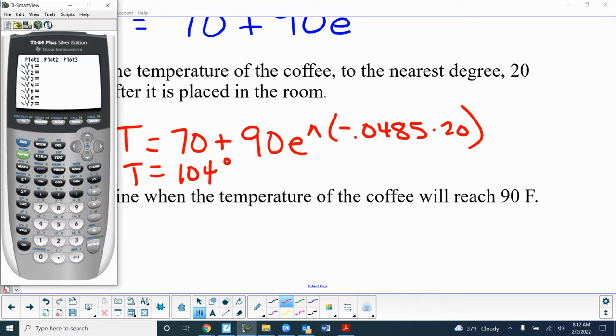Okay? So you're going to go 70 plus 90 second natural log, and then negative 0.0485. And since we don't have a t, we're going to use x, and then close it up. All right? And you can hit graph. You probably won't see it, but that's okay.